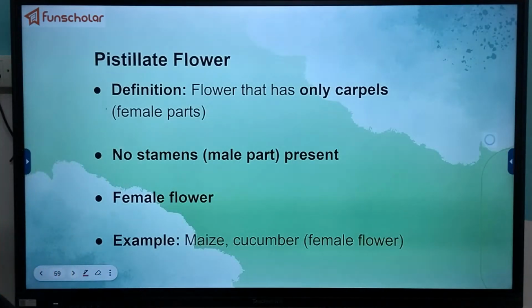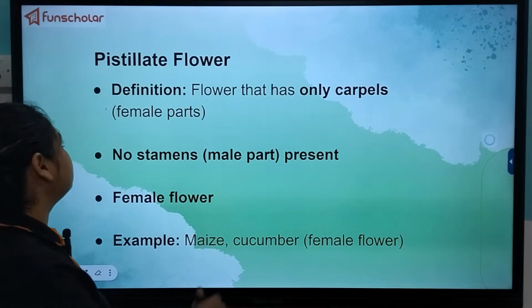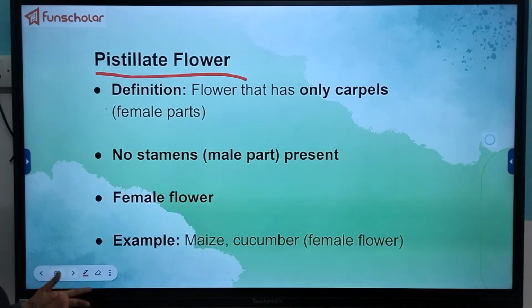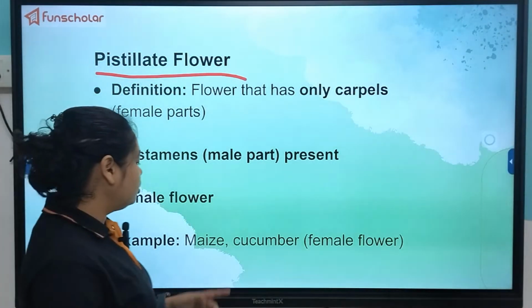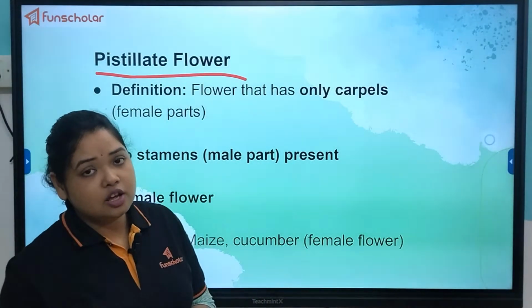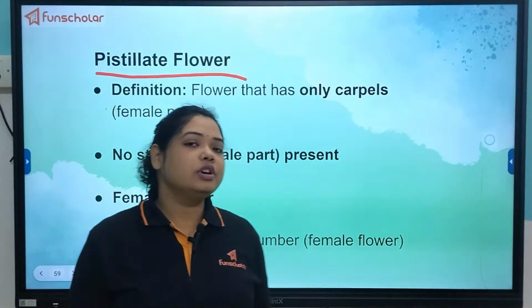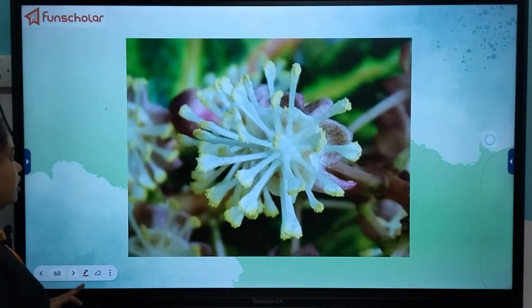On the other hand, the unisexual flower that contains only the carpels or the female parts, we call the pistillate flower, and here no stamens will be found. The examples again include maize and cucumber, because obviously if the male flower is there, the female flower has to be present for the pollination and the subsequent fertilization to occur.